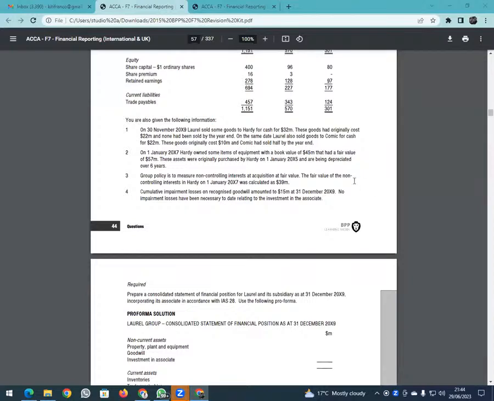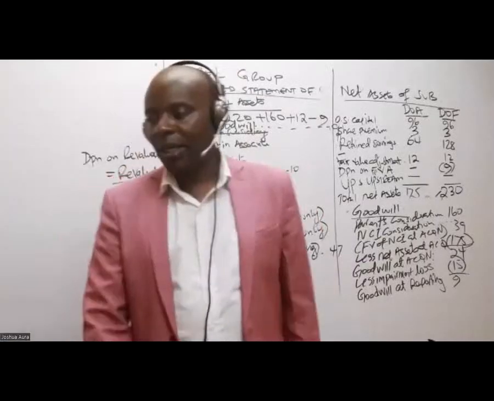So you take 39 plus 11, and then you subtract their share of the impairment loss. Remember, impairment loss was 15. You give them 20%, which is 3. So if you take that 50 minus 3, we got 47 for NCI.